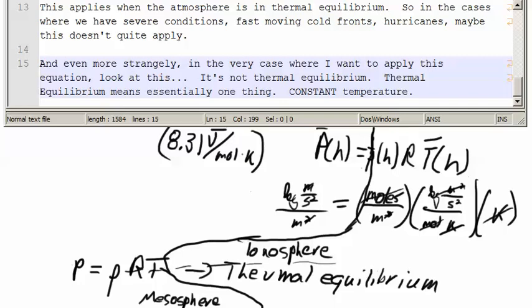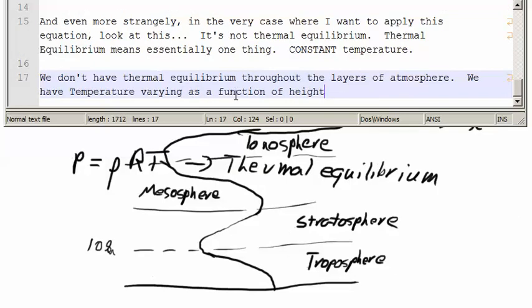We don't have thermal equilibrium throughout the layers of the atmosphere. We have temperature varying as a function of height.